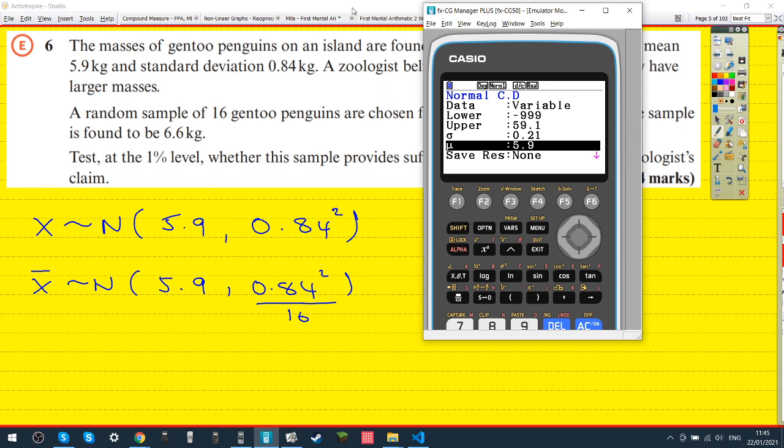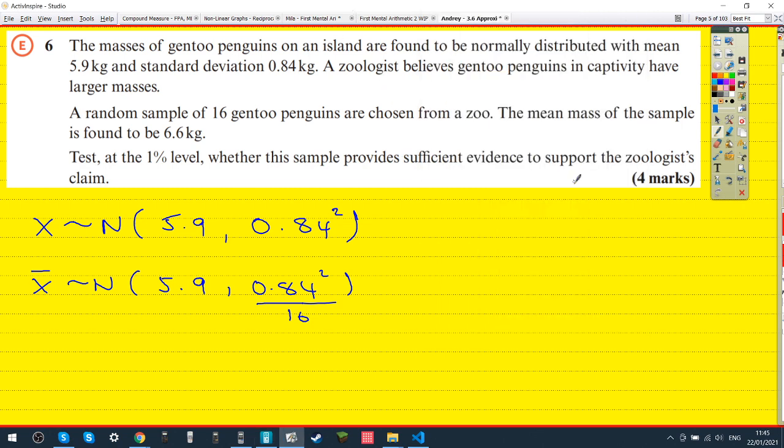So I got 0.21. It's basically 0.84 over 4, the square root of 16. Okay.